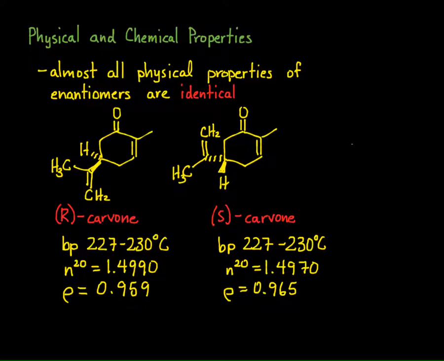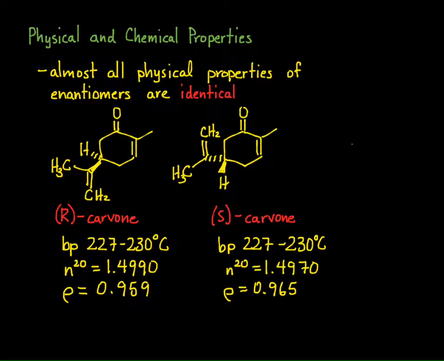Again, within a standard deviation, they are pretty much the same. So there's really no way, in terms of the typical physical properties that we look at, to distinguish between R carvone and S carvone.